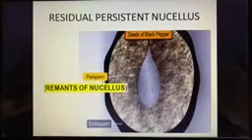Sometimes this nucellus doesn't get used up, so it remains in the seed, right? So this residual persistent nucellus is found in black pepper. Remnants means remains, meaning the nucellus doesn't get used up. You will see nucellus in the seeds of black pepper.